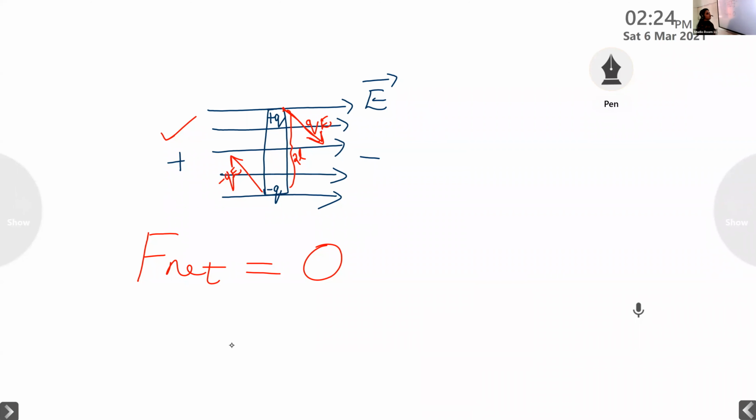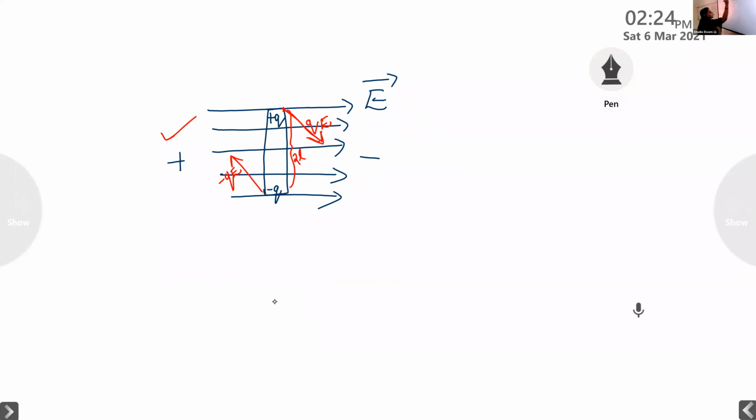So what is the net force acting on the electric dipole when it is placed in a uniform electric field? Its value is 0. So the net force experienced by the electric dipole in a uniform field is equal to 0. Clear?